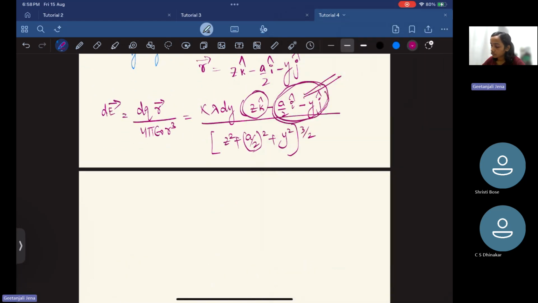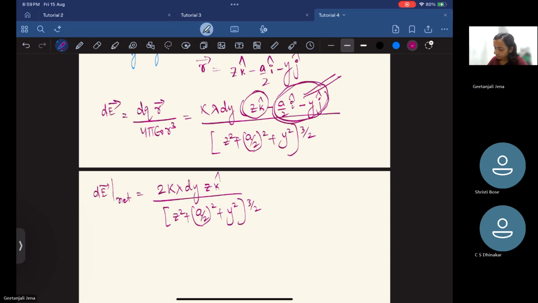So the dE net will be 2 k lambda dy z k cap over z square plus a by 2 square plus y square to the power 3 by 2. And we will integrate from minus b by 2 to b by 2, right?